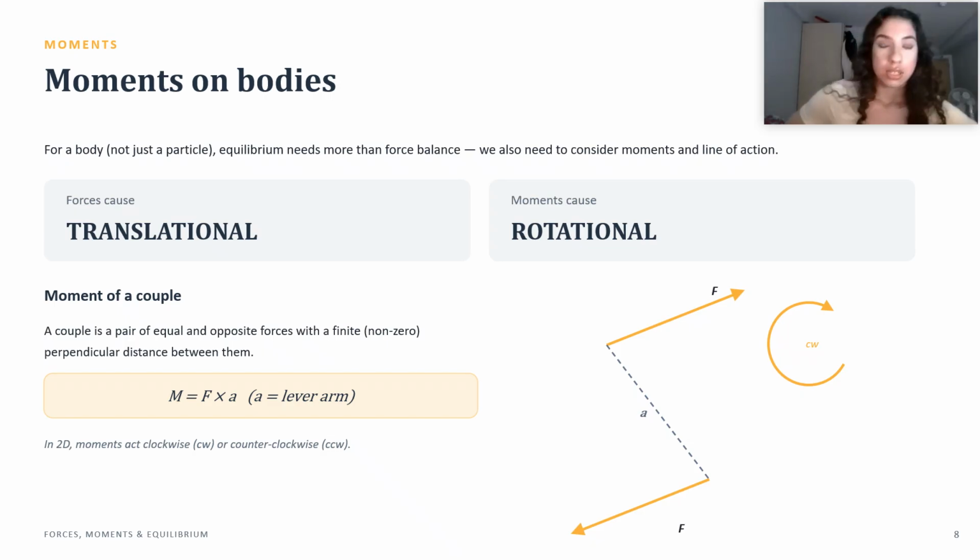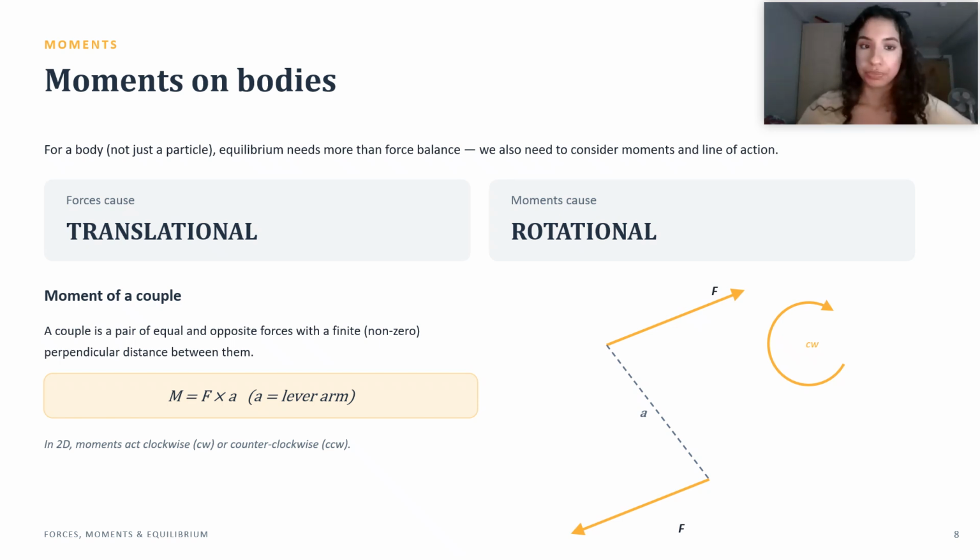Forces only cause translational change, so moving up or down or to the right or to the left or wherever. Moments cause rotational change, so rotating, not moving in straight lines. It's rotating. Then we also have a couple.